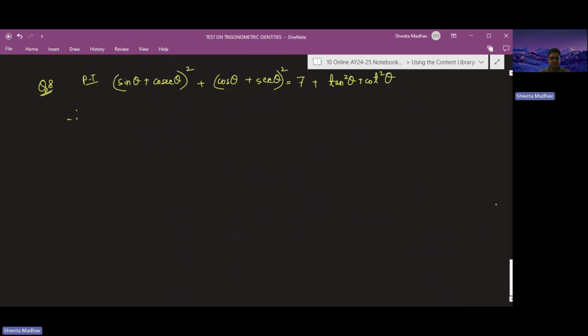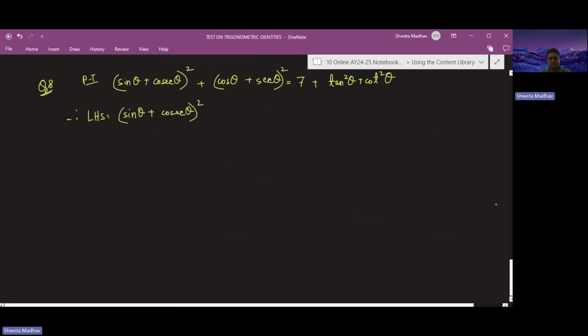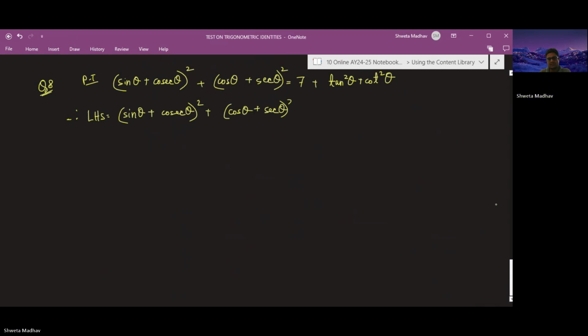Now, therefore, the left hand side should be equal to sin theta plus cosec theta whole square plus cos theta plus sec theta whole square. So therefore, a plus b whole square, we know that is equal to a square plus b square plus 2ab.